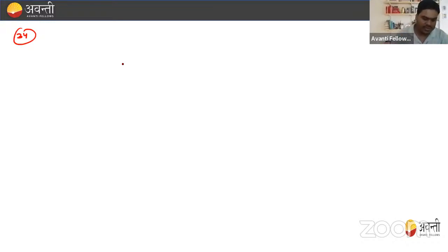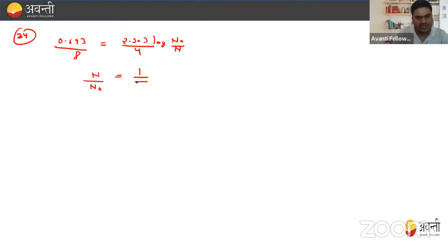So we know the formula, that is t half equals 0.693 upon K, equal to 2.303 upon K into log N naught upon N. So from this equation, N upon N naught is given, which comes out to 1 upon root 2, right?